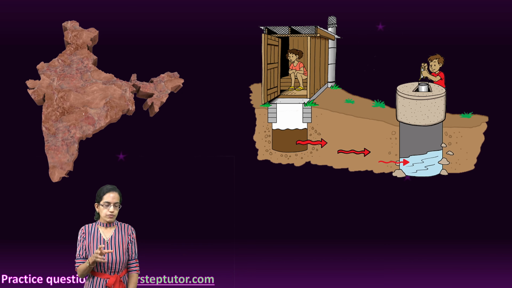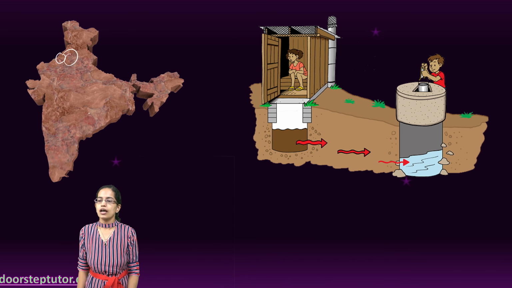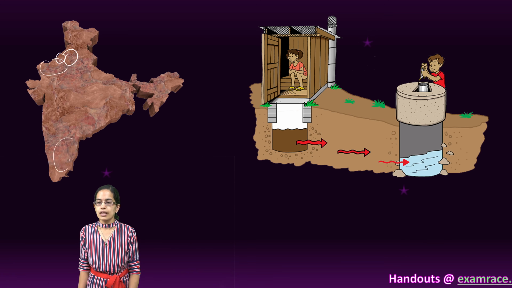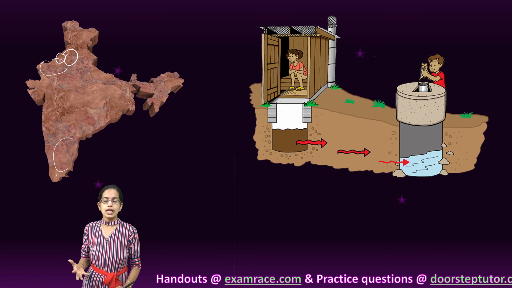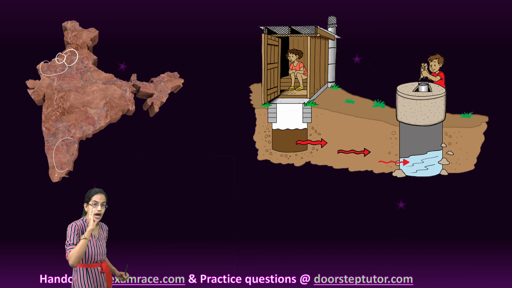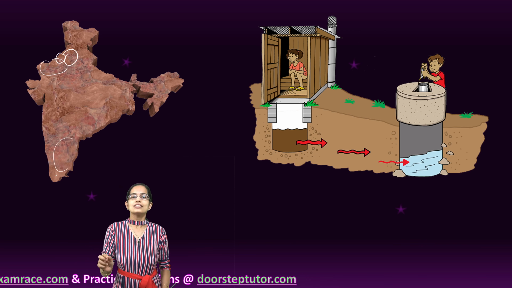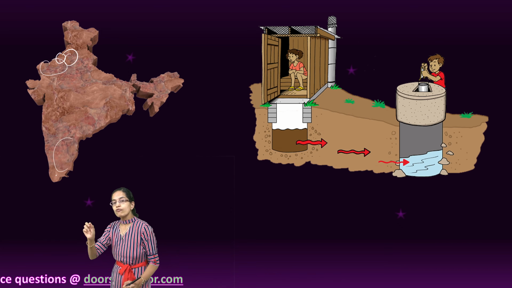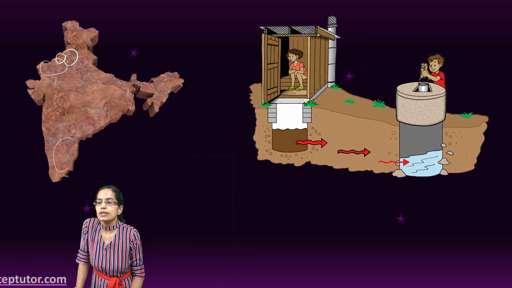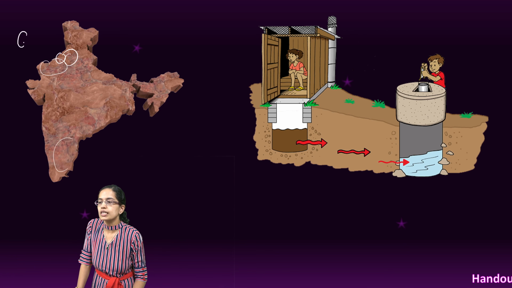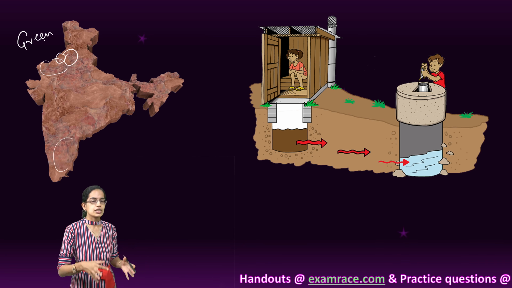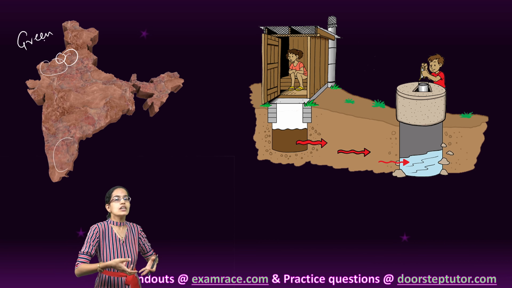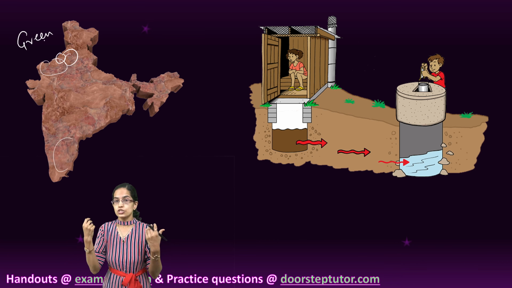If we talk about some of the states, for example Punjab, Haryana, the regions of Rajasthan, northern Rajasthan specifically, and then regions of Tamil Nadu, these are the regions where groundwater utilization has been significantly high. Now why? The reason simply is the green revolution. In the north, Punjab, Haryana and northern Rajasthan, we have witnessed how under the green revolution lots of tanks and wells have been created, and these have been the source of exploitation of groundwater.